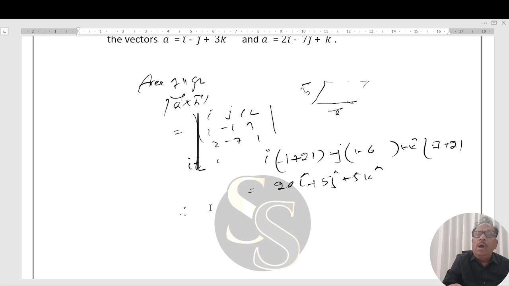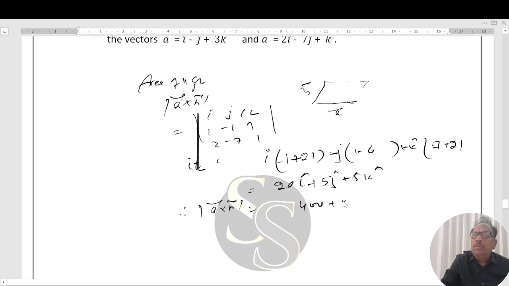Therefore, the magnitude of A cross B comes out to be 400 plus 25 plus 25, whole under root. That is under root 450.